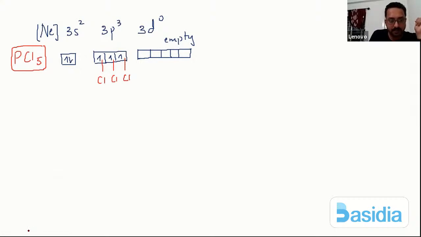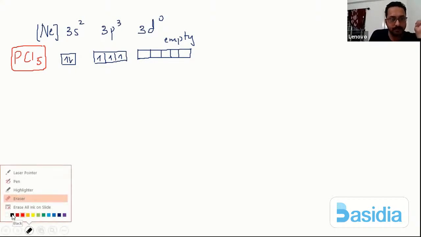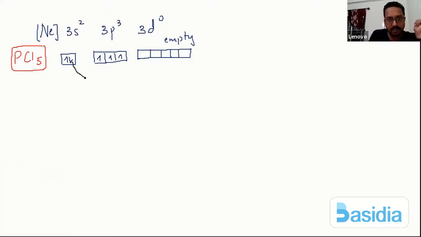To accommodate the 5 chlorines, the promotion of an electron takes place. The electron from the 3s orbital is going to shift to the 3d orbital. Once the promotion of the electron takes place from 3s to 3d, the configuration becomes 3s1, then 3p3, then 3d1.